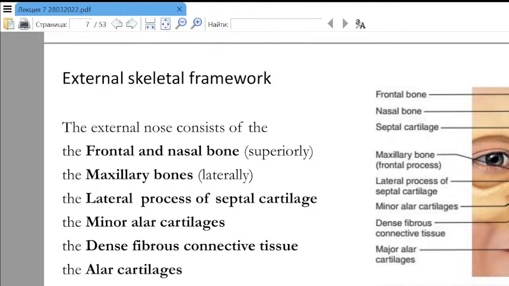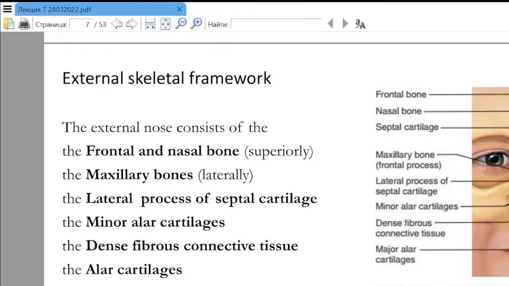The external nose consists of the frontal bone and nasal bone. Nasal bone and frontal bone.